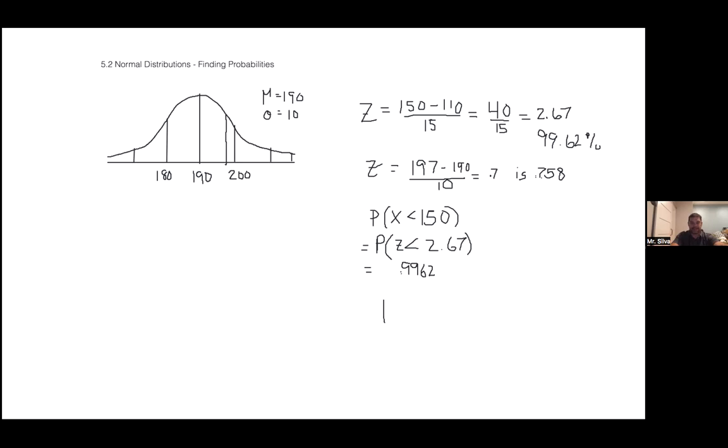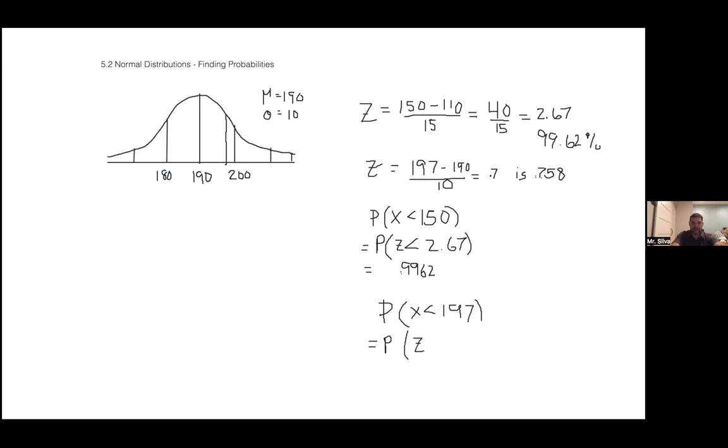What if you have a test score of, we're getting there, what's the probability someone scores a 197 with a mean of 190? Well, I'm going to translate that to a z-score. The z-score formula translates for us into another language, the z-score.